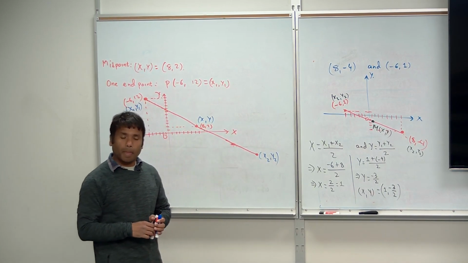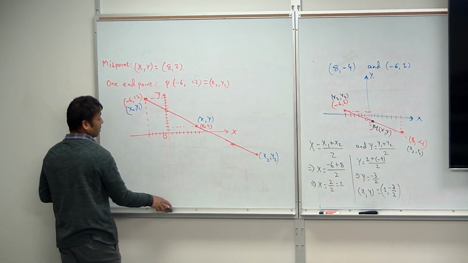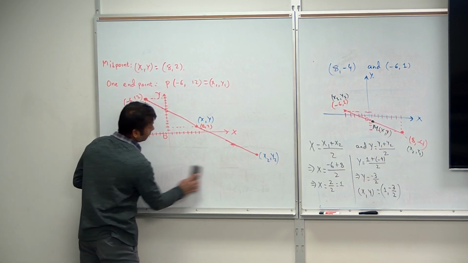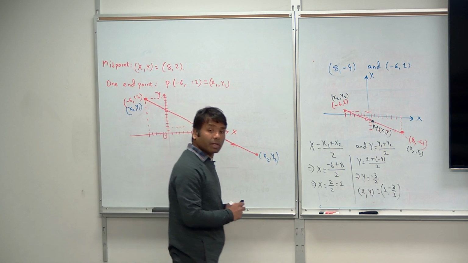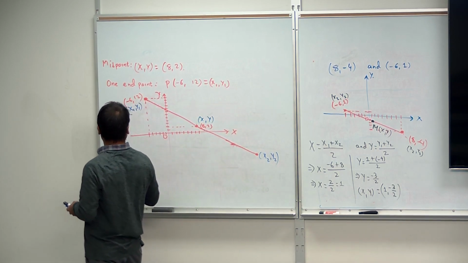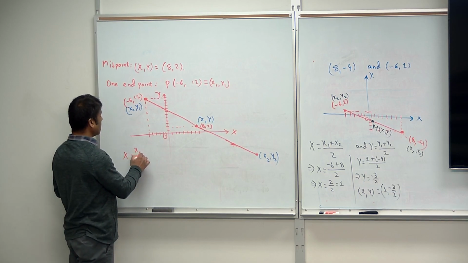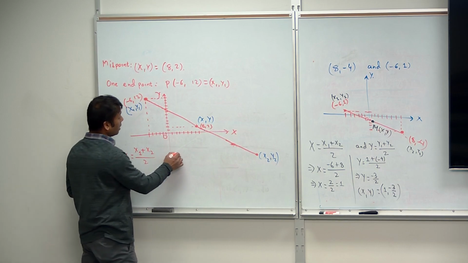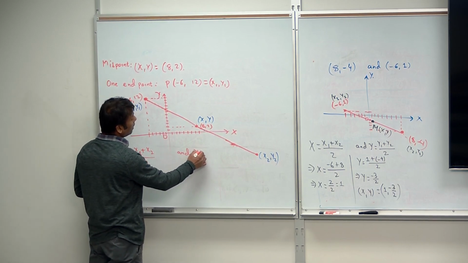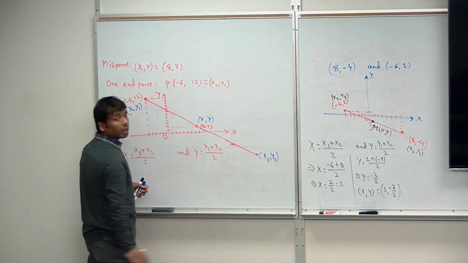That makes sense? So we have the midpoint formula. What is the midpoint formula? x equals x1 plus x2 over 2, and y equals y1 plus y2 over 2.